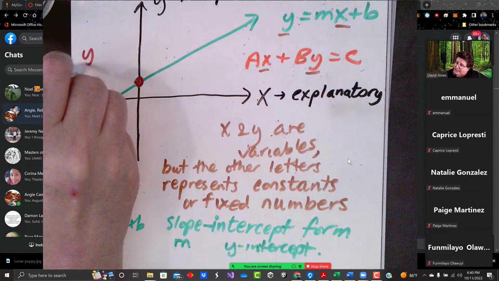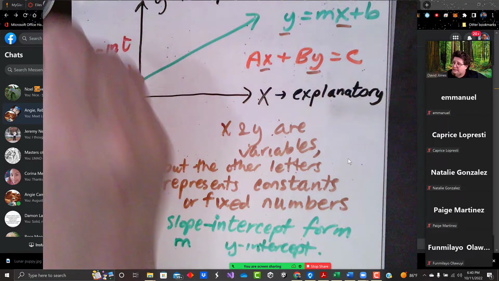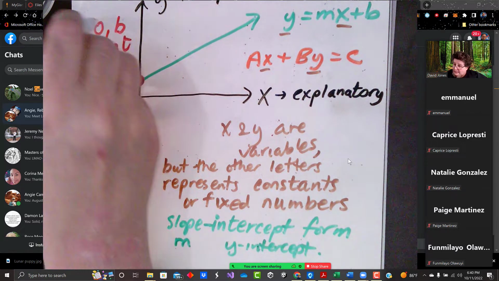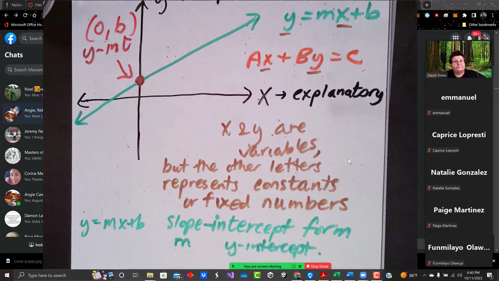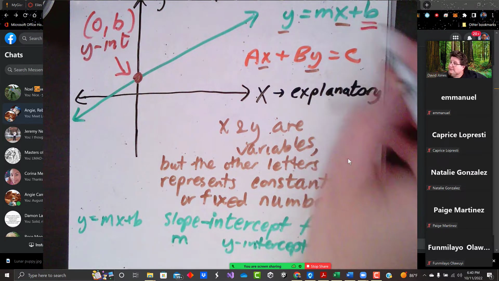That's the y-intercept, and its value is (0, b), where b is this b over here.